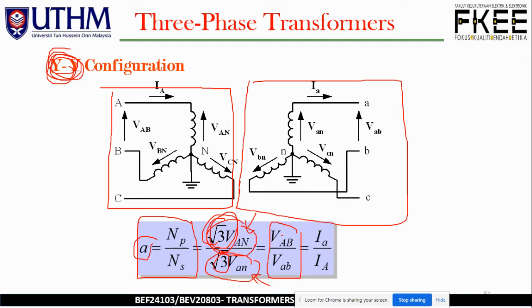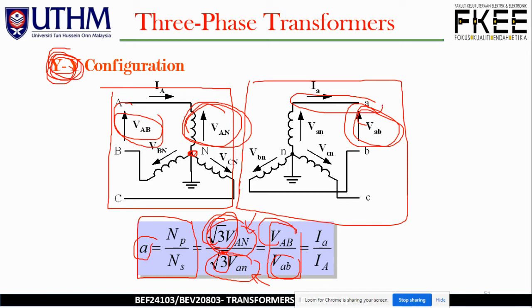If we represent the turn ratio in terms of line, the same goes here. We have V_AB the line voltage and V_AB for the other side of the line voltage. Just now, the AN is between the phase A and the neutral line, the common point over here.